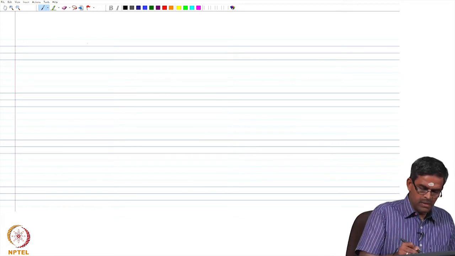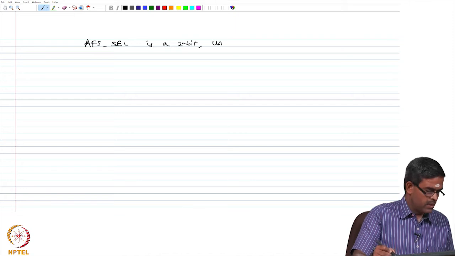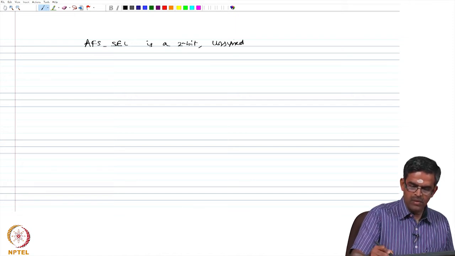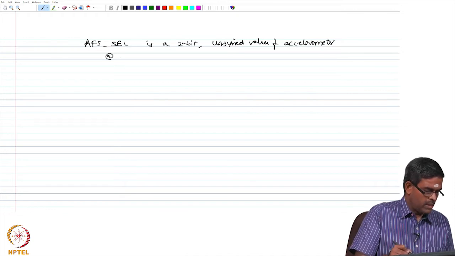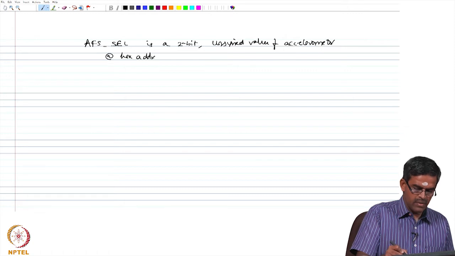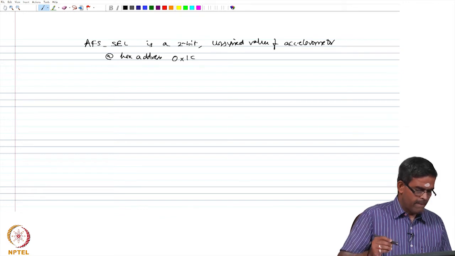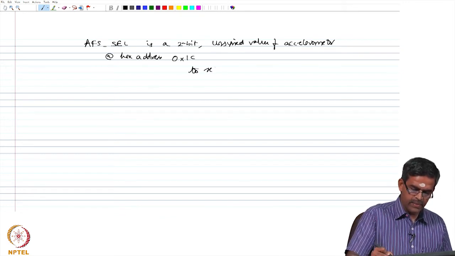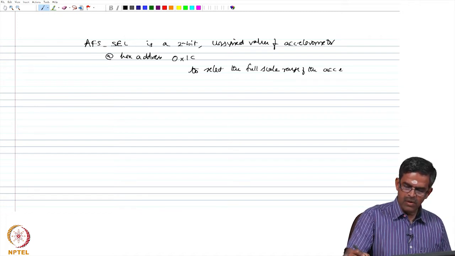In addition, AFS SEL, which is a 2-bit unsigned value of accelerometer at the hex address 0x1C, is used to select the full scale range of the acceleration automatically.